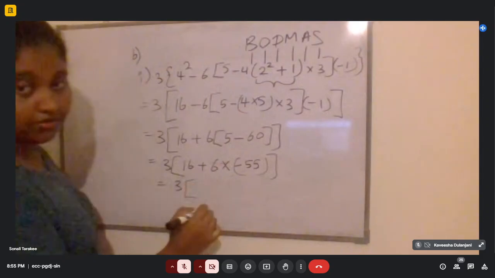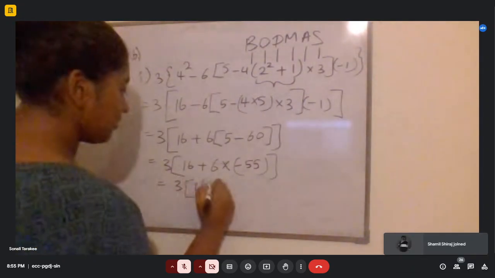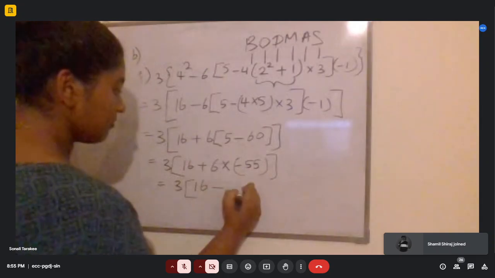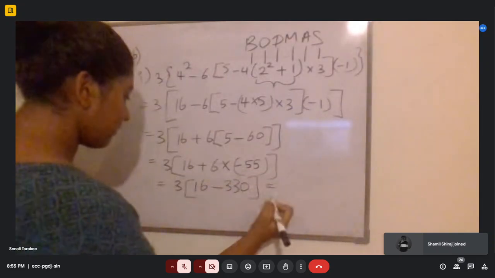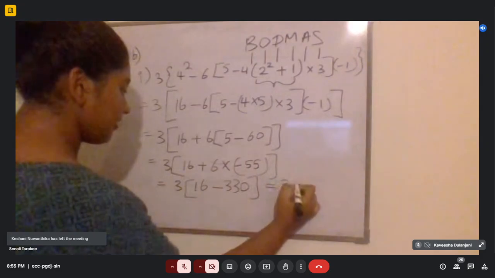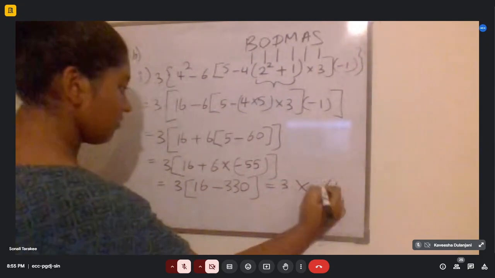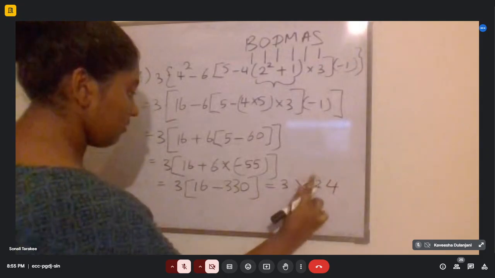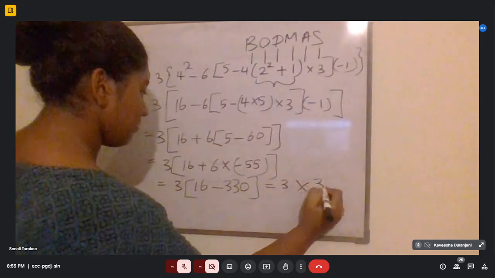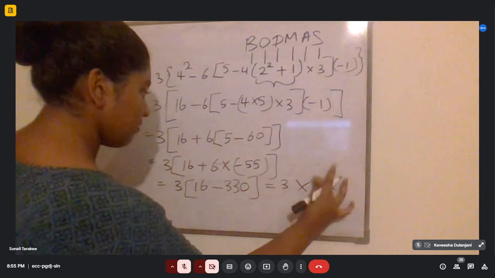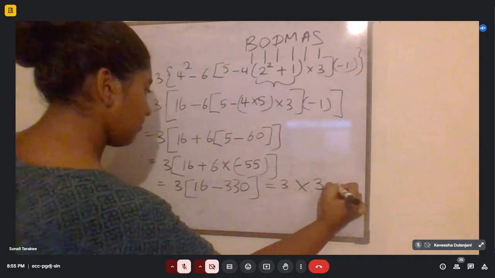So here you get the answer 16 minus 330. So you get the answer 3 times 4.